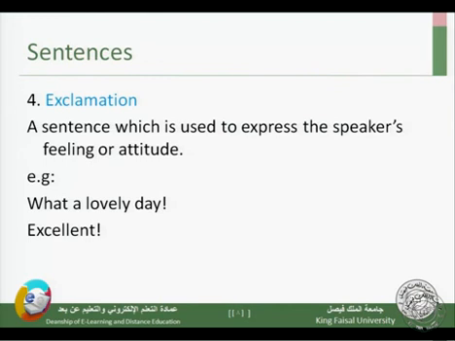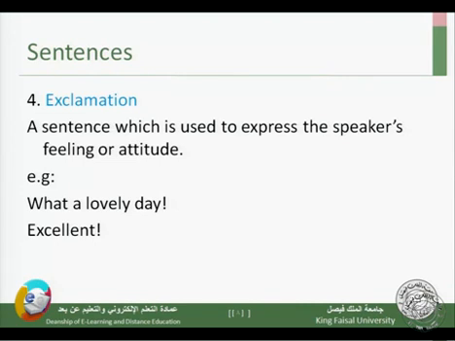If the speaker is trying to convey his feeling towards a certain thing or an attitude towards a certain thing, he will use exclamation sentences. For example, "What a lovely day!" So this is an exclamation. The speaker is saying this day is lovely, this day is nice, he's enjoying himself in this day. So this is an expression of his feeling. "What a lovely day!"